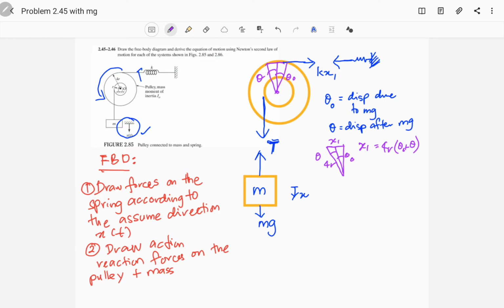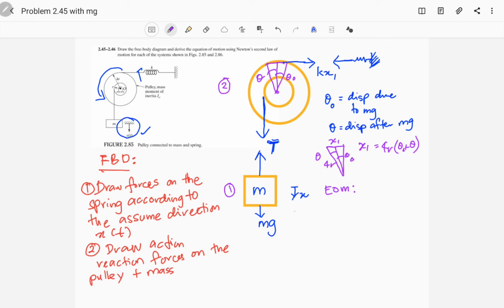That is the definition, so that we are clear. Theta naught is based on the mg. So we can write now the equation of motion. Your equation of motion is based on these two main bodies, the mass and the moment of inertia, basically the mass and the pulley.